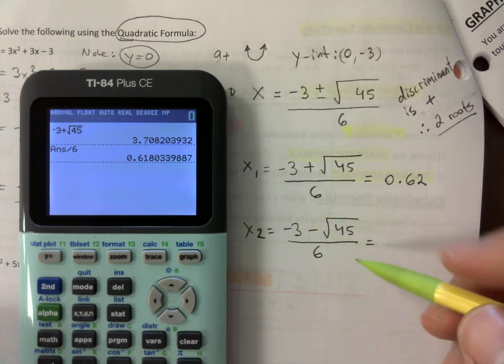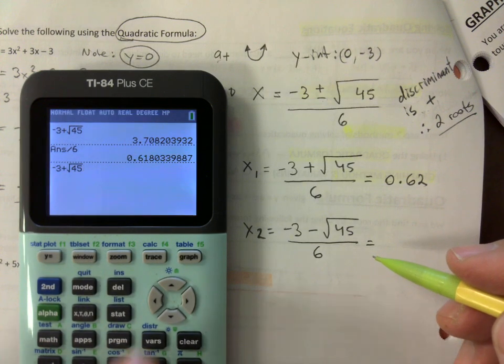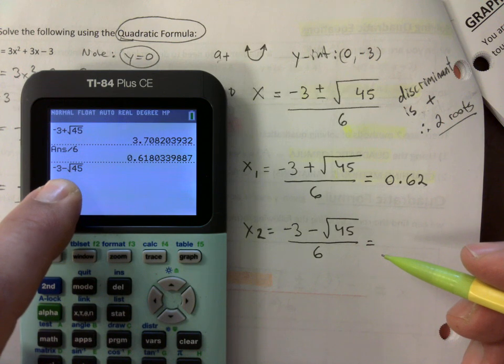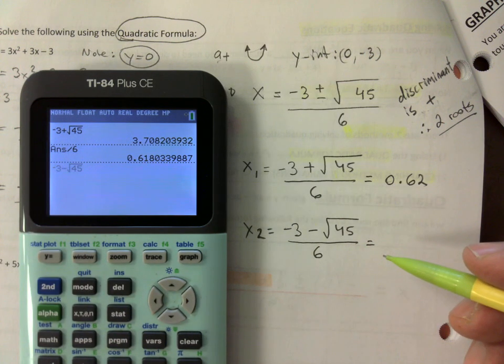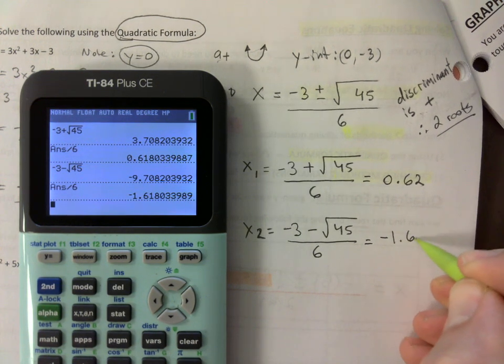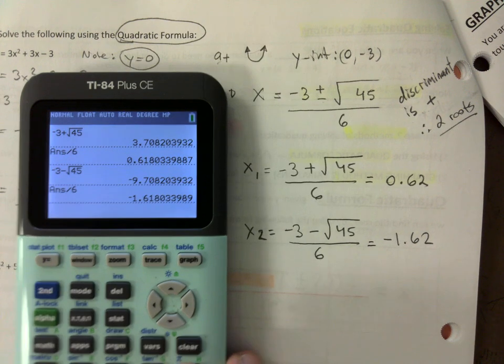And the second root, watch what I'm going to do. I'm just going to copy paste, and instead of plus, I'm going to subtract. Hit enter, divide that by 6. That's negative 1.62. So those are my two roots.